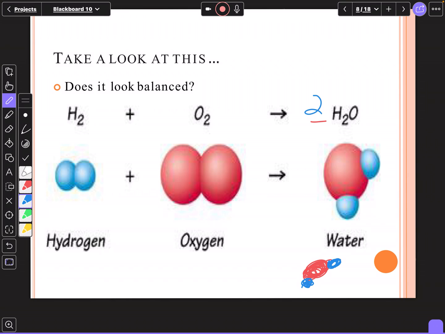And then I look and see if it's balanced. Well, it's not. Now I got 4 hydrogens. I'd have to go on the other side and put a number here because I need 4 hydrogens, and I would have to add another molecule of H2. That would give me 2 of those, and that would balance out this reaction.